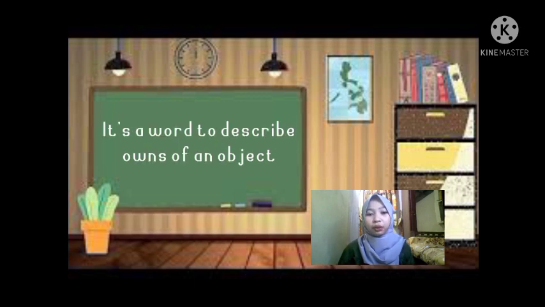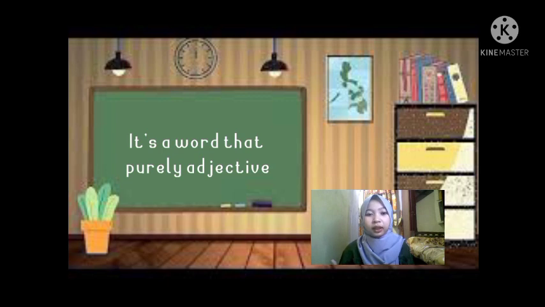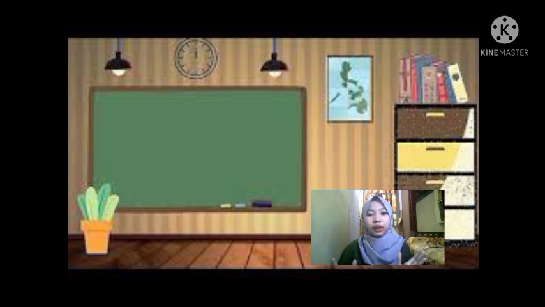It's a word to describe who owns an object. And then the fourth is common adjective. It is a word that is purely adjective, without adding some other word. It's purely adjective.